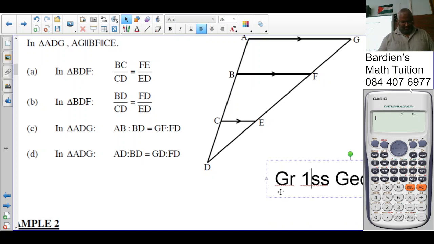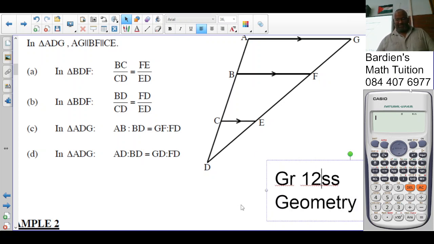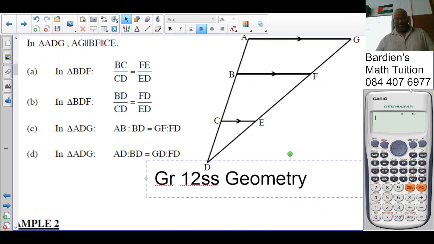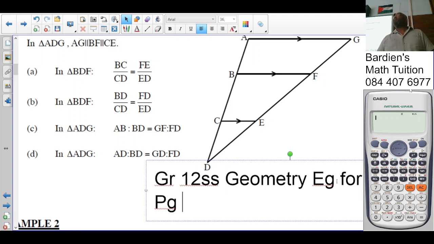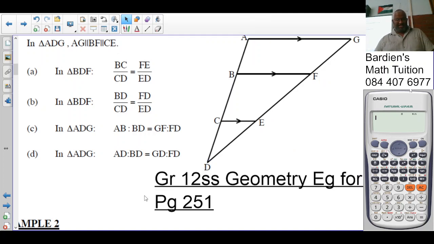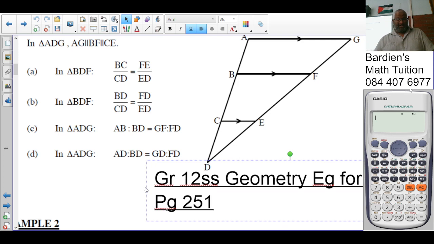Oh, you're 12 now, sorry. Grade 12 geometry. And this is examples for exercise 1, page 251. The examples to the exercise on page 251.